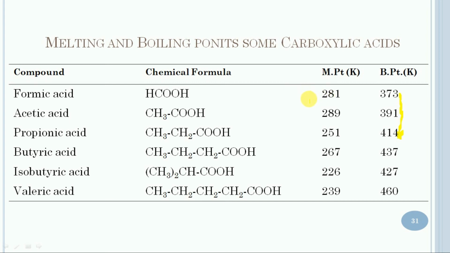But in the case of melting point, the carboxylic acids having an even number of carbons have higher melting points in comparison to the carboxylic acids having an odd number of carbon atoms. So it is all about the physical properties of carboxylic acids.